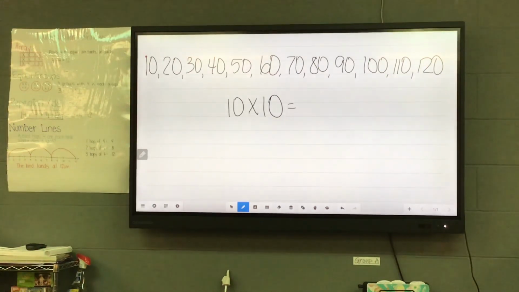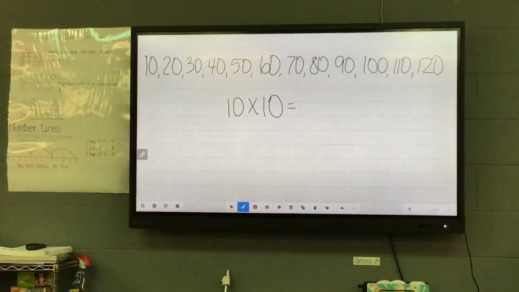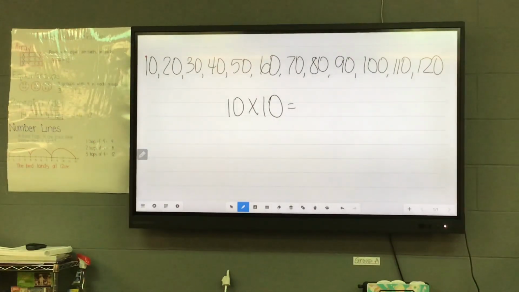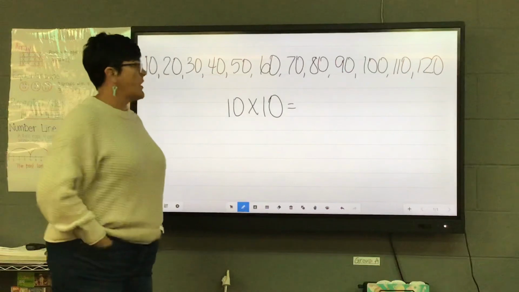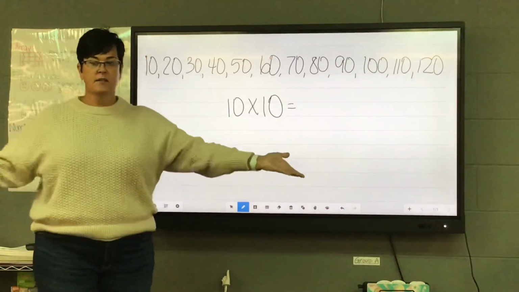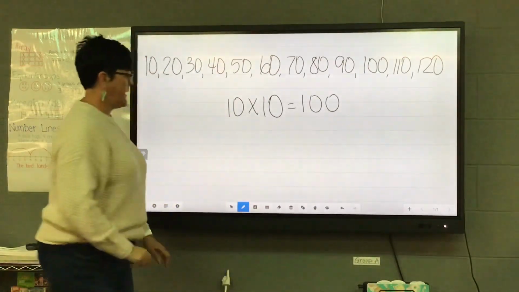Use what you have on your desk to help you find the product of 10 times 10. Good job. Good job. Okay. Everybody had the product of 100.